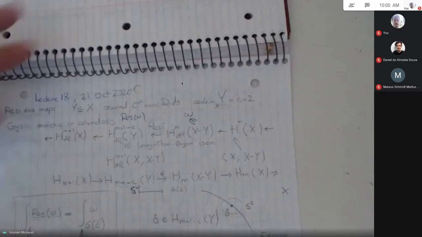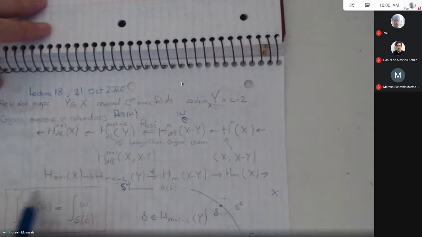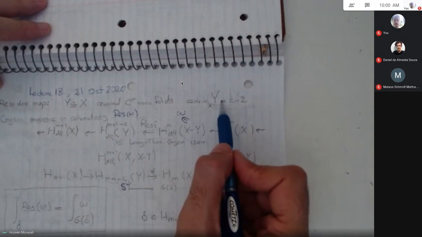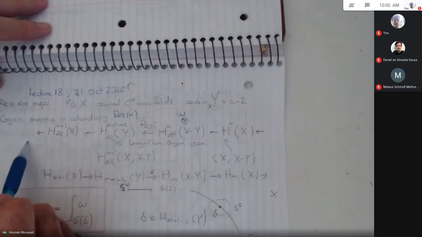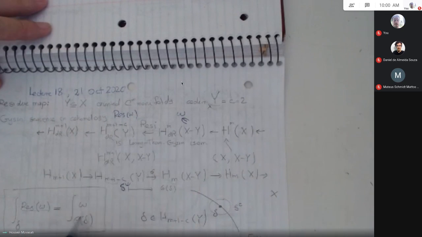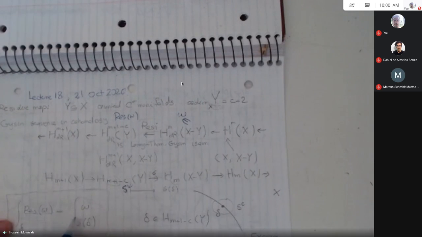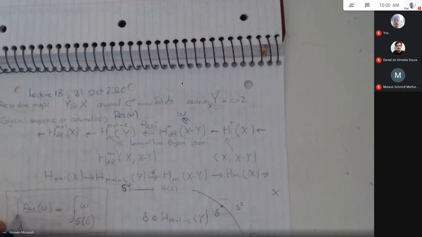But the definition of the residue map itself is independent of the compactness of y. Anyway, we have this thing when y is compact, but the residue map itself can be defined in arbitrary context. We just need the de Rham theorem, the duality between homology and cohomology, to define the residue map.